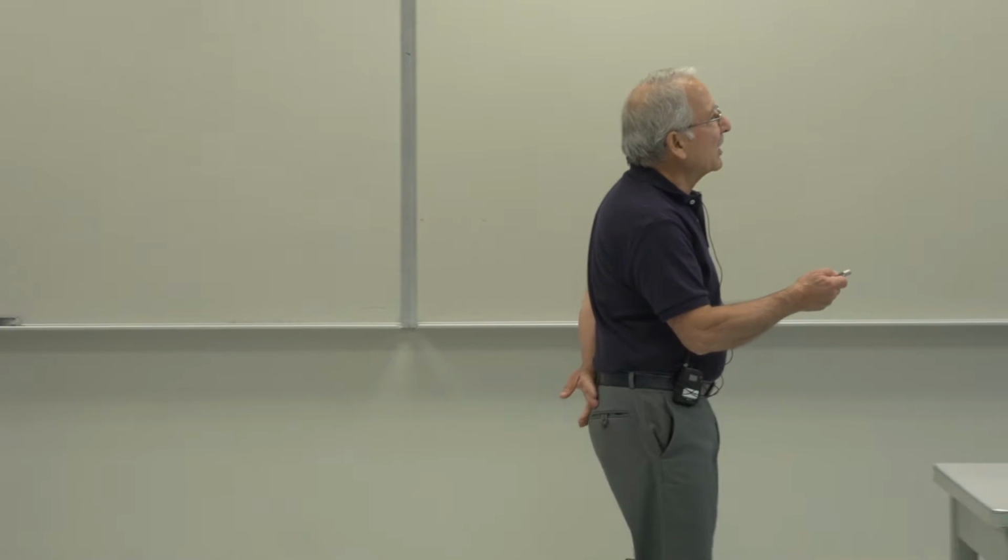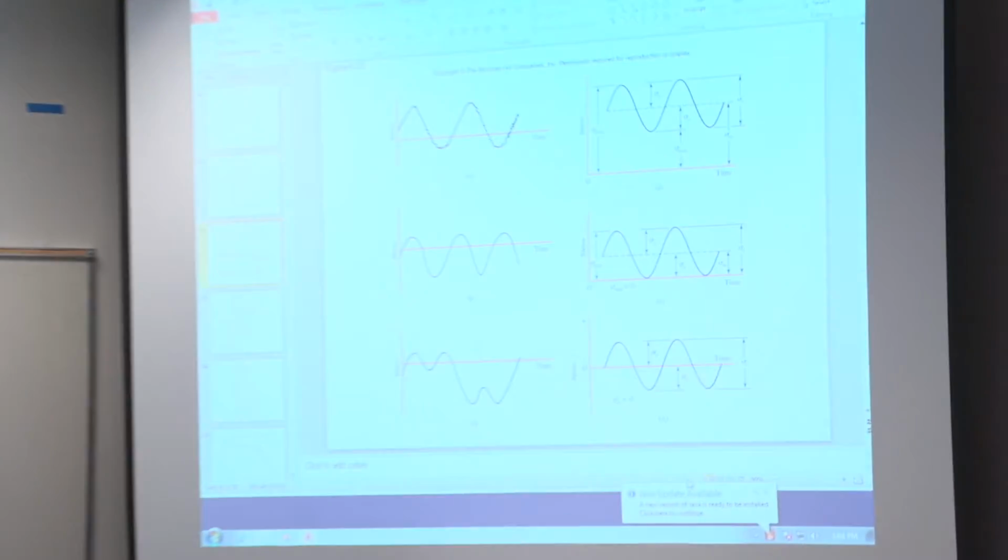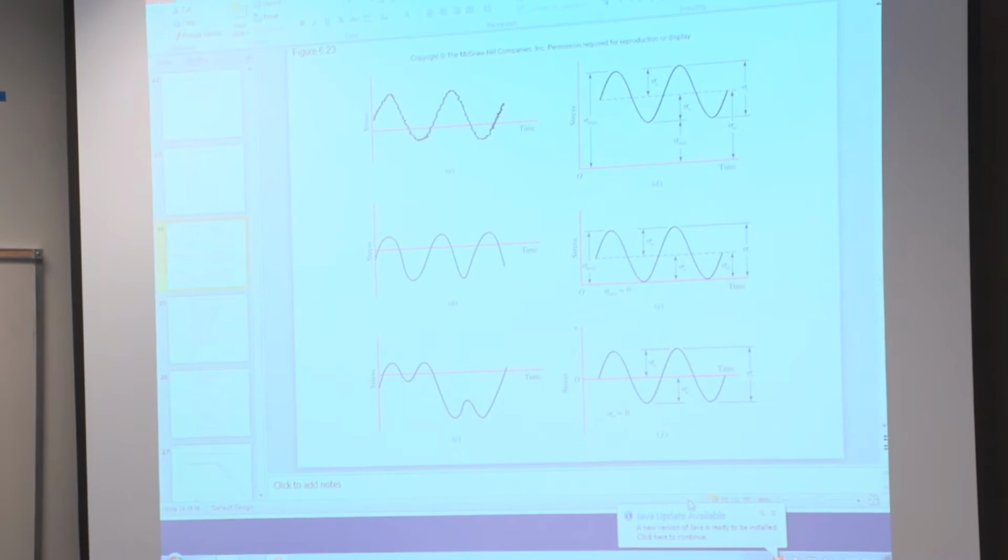You can have loads like this, with that variation, where the maximum is tensile, the minimum is compressive, but the two are not the same, so this is not a completely reversed load.